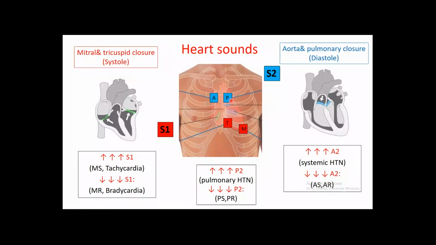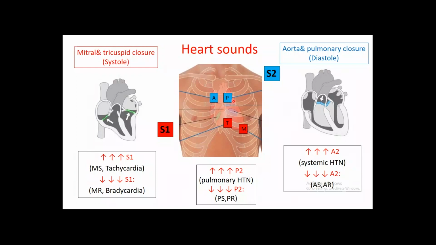So if we are hearing the second heart sound over the pulmonary area, then we compare it with the aortic area. If it is the same intensity or higher intensity than that heard over the aortic area, this means an accentuated pulmonary component.